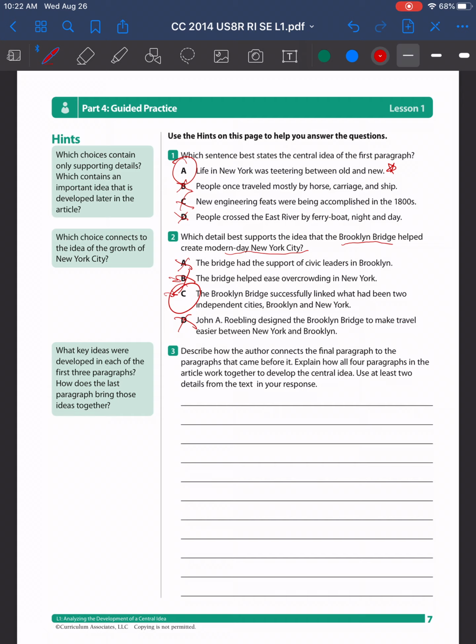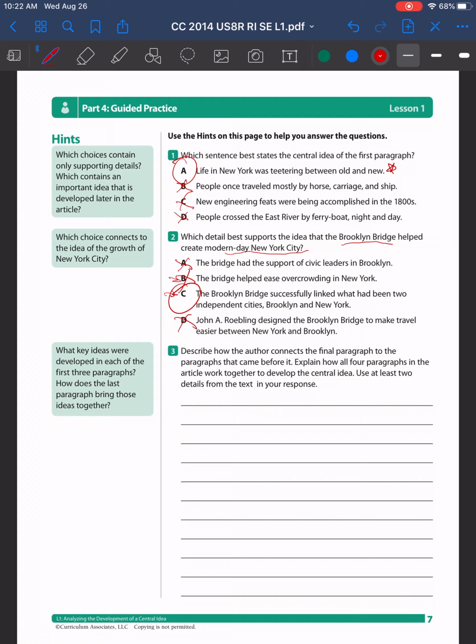So tying the ideas of like New York was teetering between old and new, that paragraph 1 says. So I'm going to go ahead and just start writing what I just said. I'm going to start writing that down in my own words, kind of. Basically what we're doing is we're trying to describe how the last paragraph is connected to the first paragraph and the second paragraph, and we need to put some supporting details, okay?